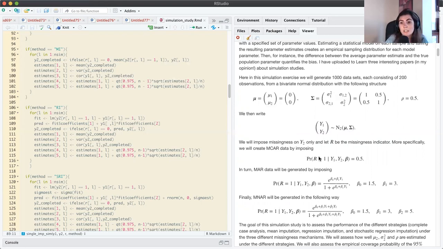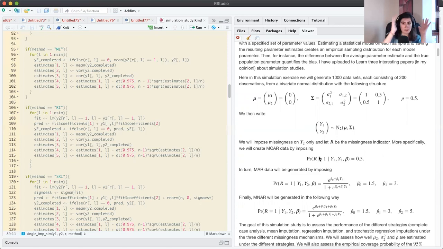And R is the missingness indicator, and it will take the value 1 if the corresponding y2 value is observed, and it will take the value 0 if the corresponding value is missing, okay? So we will have an R indicator for each of the 1000 datasets that we are generating.